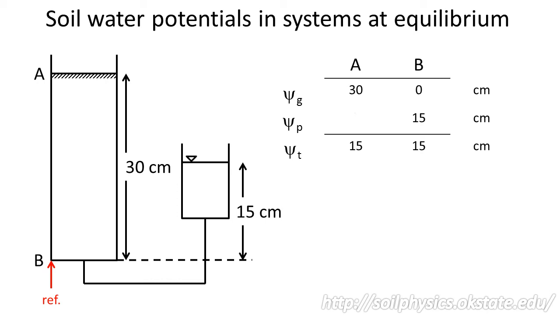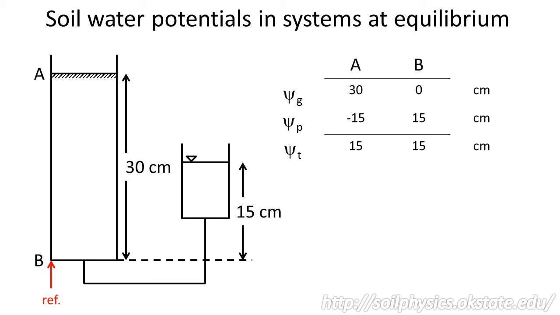Again, by quick inspection, we can see what the pressure potential at A must be. It must be minus 15 centimeters of water. So we have 30 centimeters for the gravitational potential minus 15 centimeters for the pressure potential, giving us a total potential of 15 centimeters.